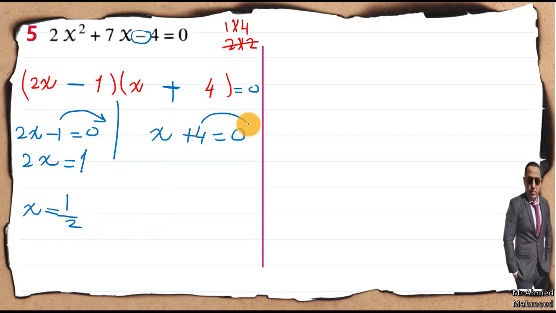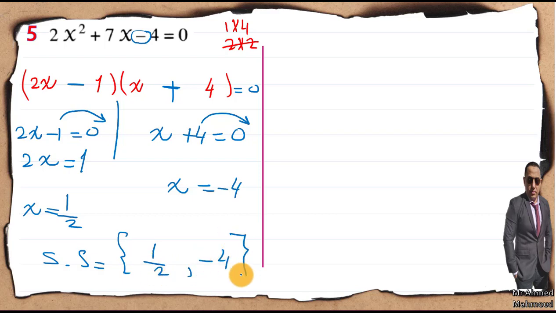Here I'm going to send 4, so it will be minus 4, so x equals negative 4. Now I have two solutions, half and negative 4. So the solution set equals half, comma, negative 4.